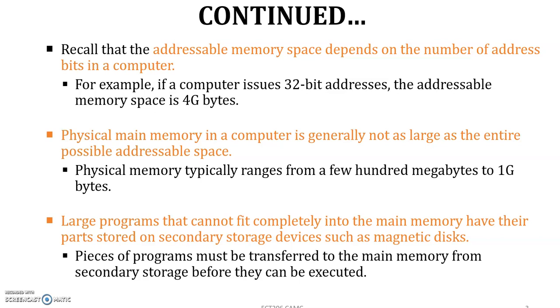In the case of a large program, the whole program will not fit into the main memory, so we keep the program in the secondary storage, and the part of the program that is currently executing will be placed in the main memory. The program should be transferred to the main memory before execution.